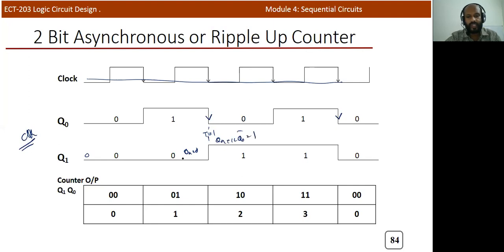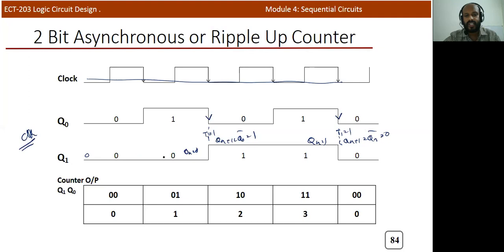So Q1 is changing from 0 to 1, and when Q0 makes the next transition from 1 to 0, again it will observe the T1 input, which is equal to 1. So Qn is equal to 1 at this moment, and after this clock, Qn plus 1, which is equal to Qn bar, is 0.